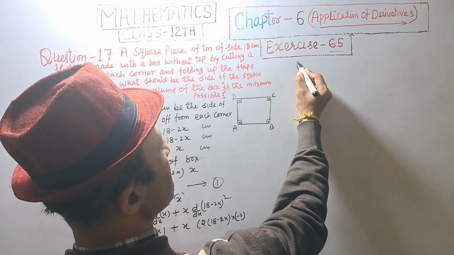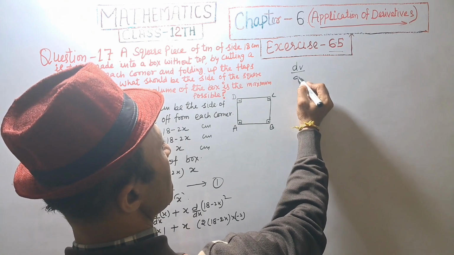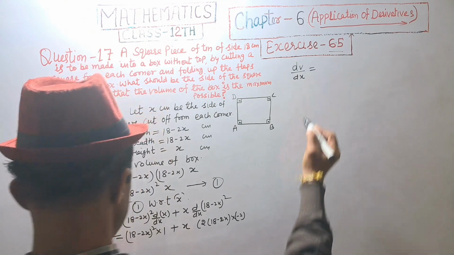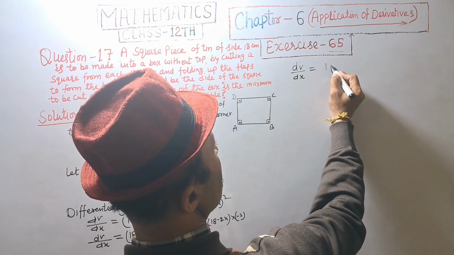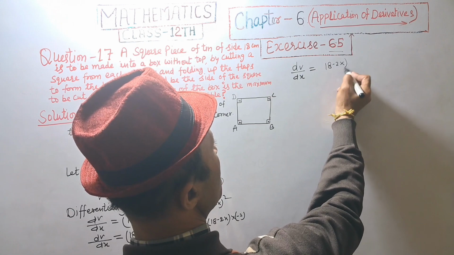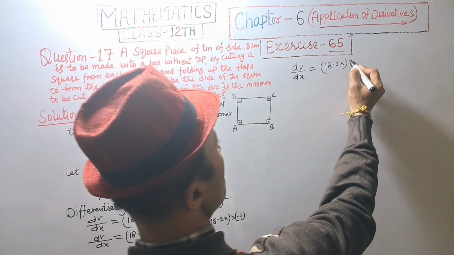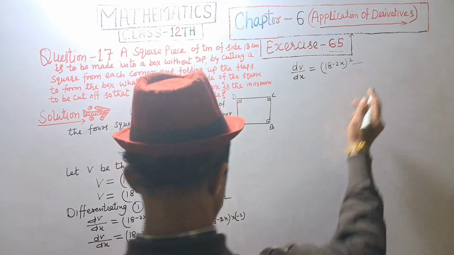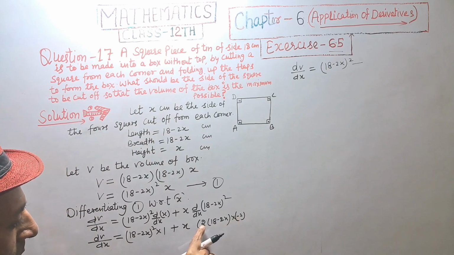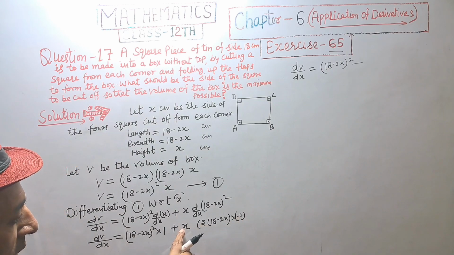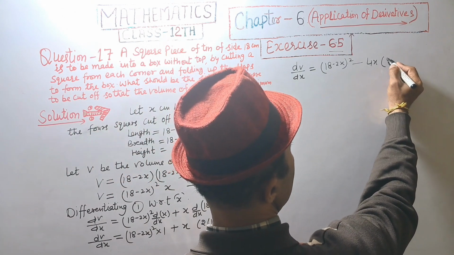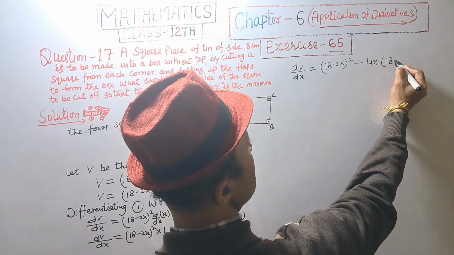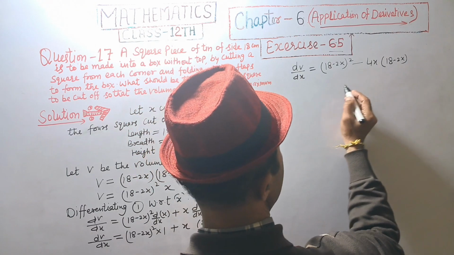dV upon dx is equal to (18 minus 2x) raised to power 2 and minus 2 multiplied by 2, that is minus 4, into x, minus 4x, into (18 minus 2x).